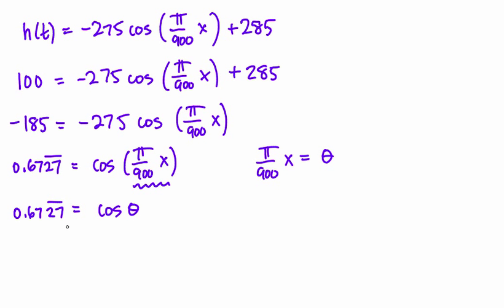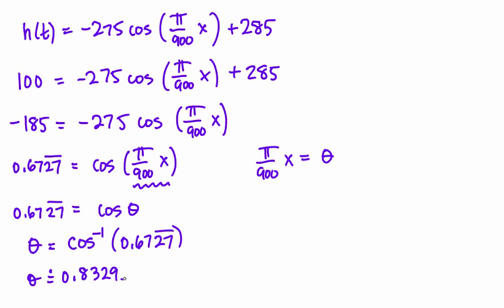If you've stored this 0.67272727 on your calculator, all you need to do to find theta is inverse cos of that number on your calculator. And you should get a value for theta that is approximately 0.8329, and there's a lot of other decimal places, so I might want to use the storage feature on the calculator.